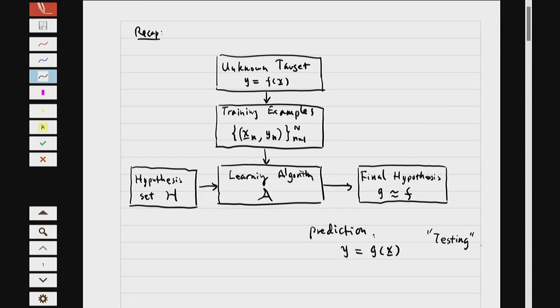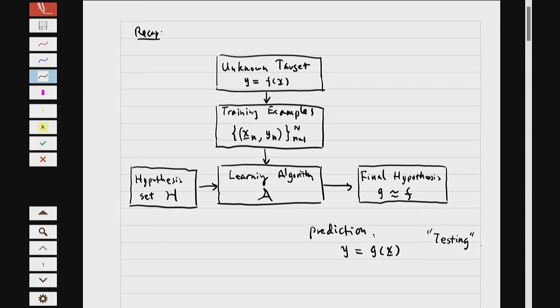Just like we are showing a baby how to learn what a tree is. We show the baby different examples of trees. So now you have these training examples, and you need to use them to train a machine to learn that target function.